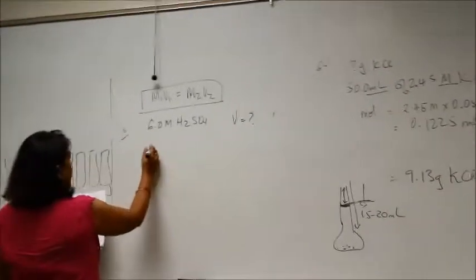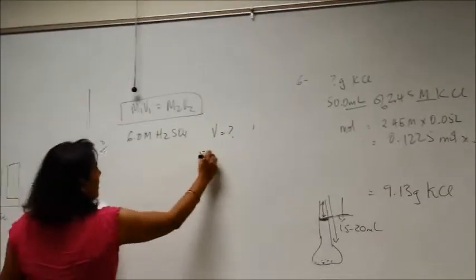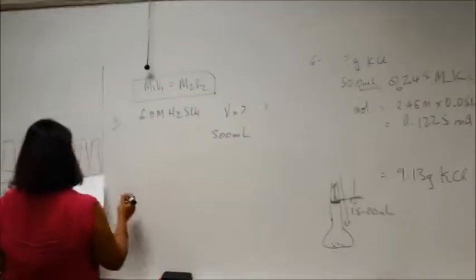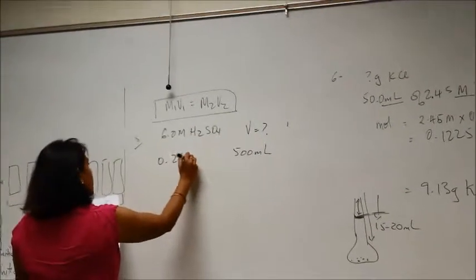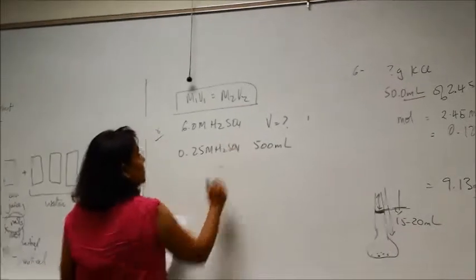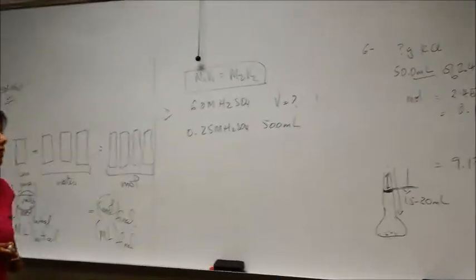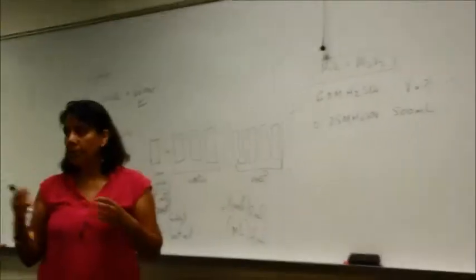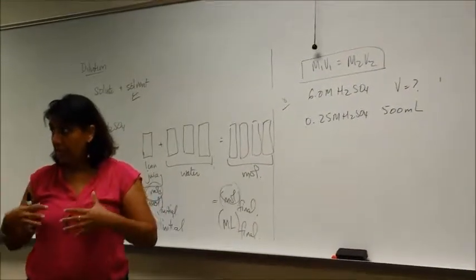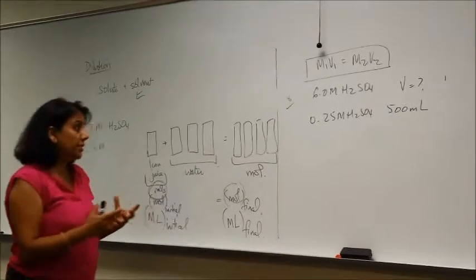It is needed to make 500 milliliters of 0.25 molar sulfuric acid. With these problems, you pull out all the numbers and then you put them together.